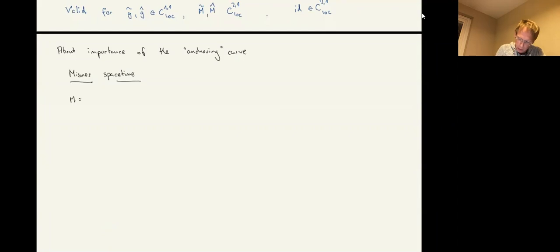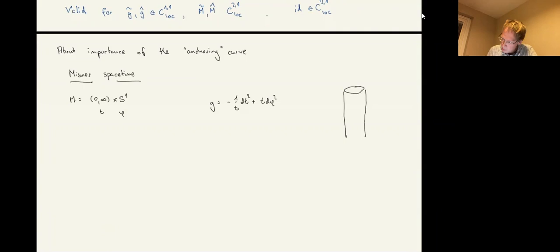The manifold is given by (0, ∞) × S^1, with t and phi coordinates, and the metric is given by this line element. So we have this cylinder. This here is the boundary at t equals 0.